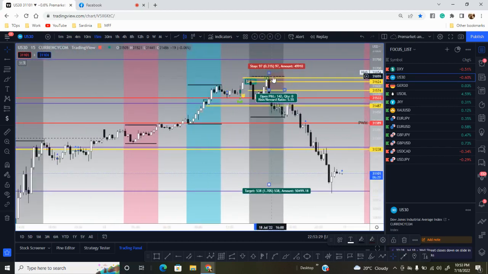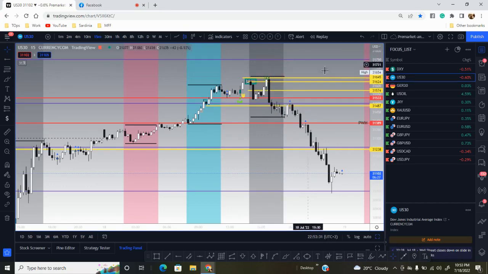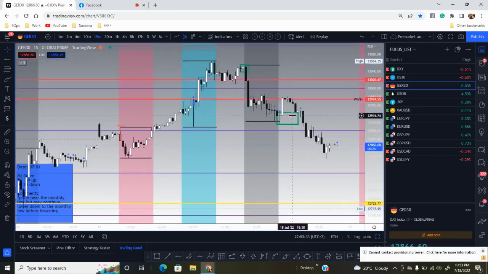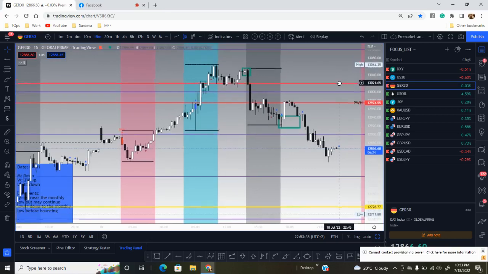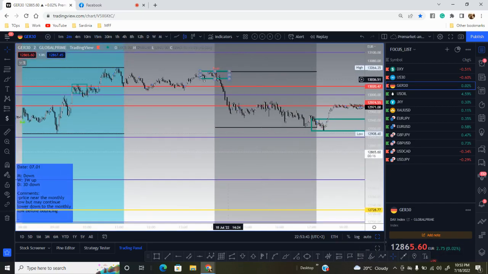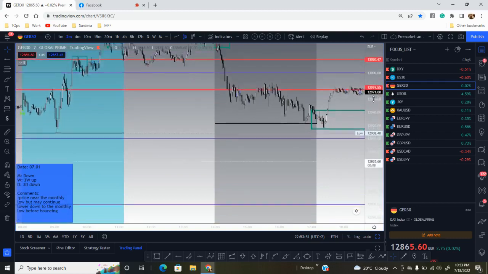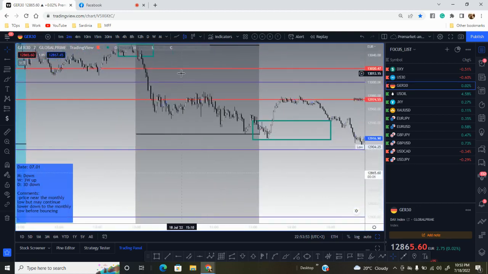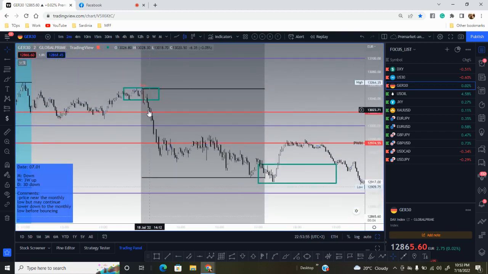Okay, so silipin muna din natin yung nangyari kay DAX or GR30. So the same lang. So however, yung pagkakaiba kasi hindi na siya nag-pullback. So I was watching for a pullback up to this green box, but hindi na niya siya. Okay, sorry, naalala ko na I was watching for a pullback here.